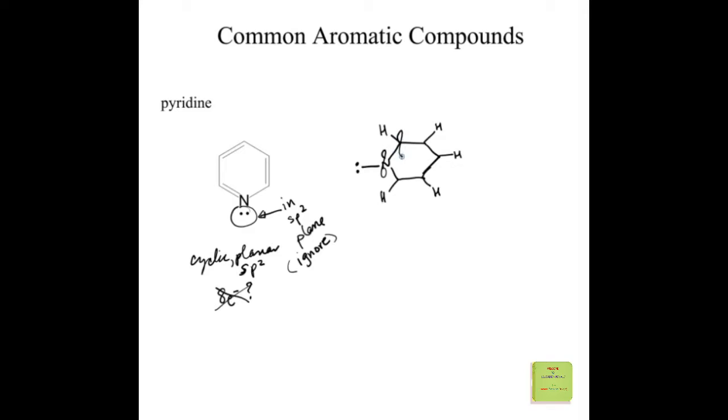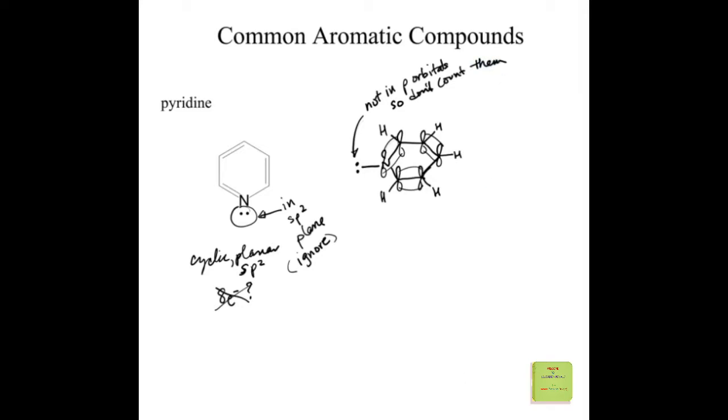In addition, we have a p orbital on every atom, as we need to, and we have 2, 4, 6 electrons in those p orbitals. This is just one of the Lewis structures we can have for pyridine, because we know we can have resonance showing another one. Okay, so these two electrons are not in the p orbitals, so we don't count it. We don't include that.